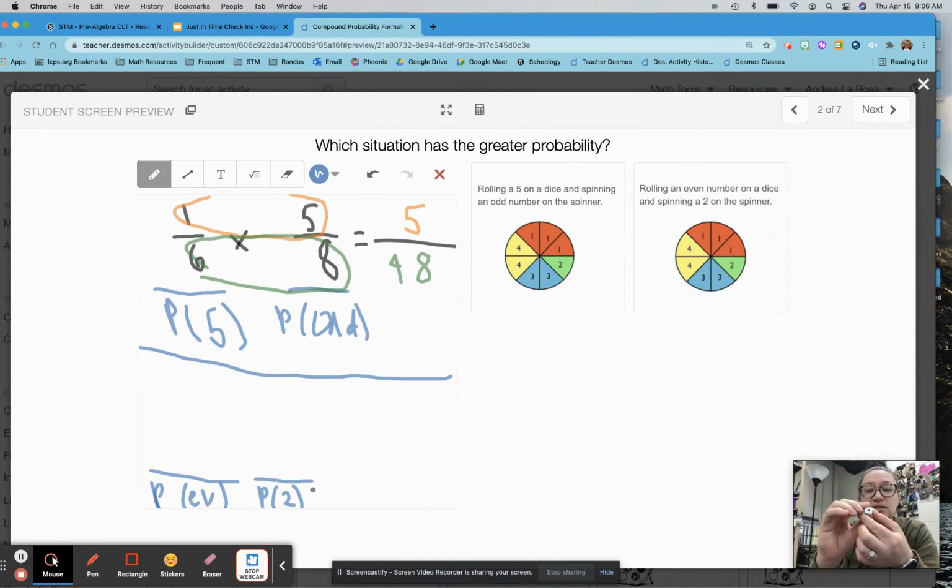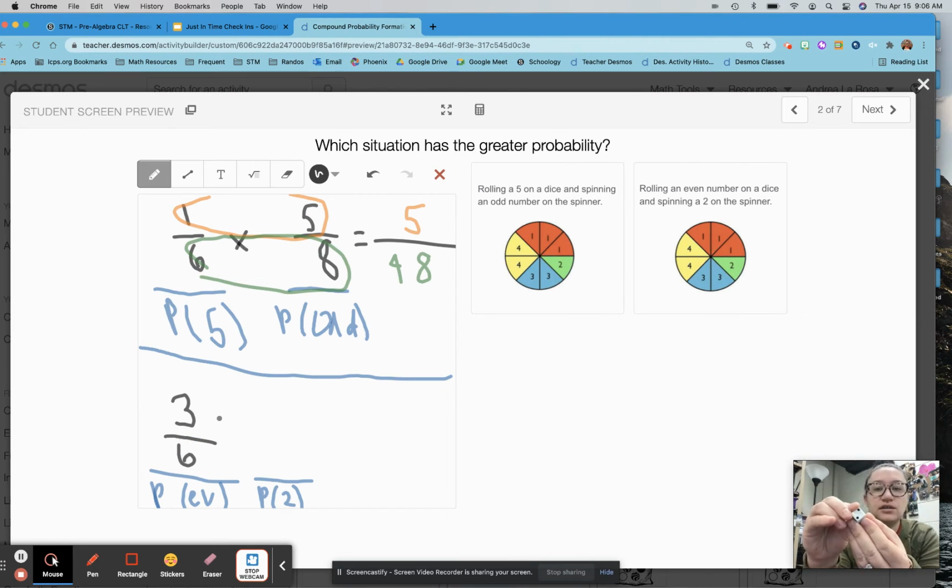So on my dice, how many numbers are even? 2, 4, 6. I have 3 numbers that are even out of how many total sides? 3 out of 6 sides.